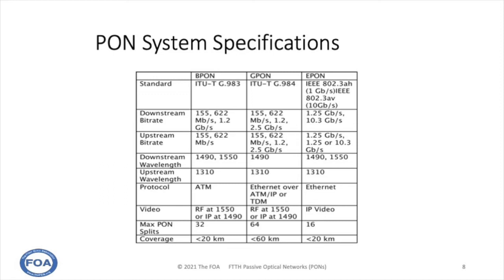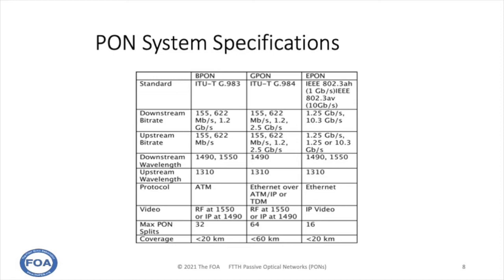The original PON System Specifications, which I apologize for being so small and hard to read here, you can get off the web pages on the FOA online guide. The original PON systems were for a gigabit network and use wavelength division multiplexing, 1490 nanometers downstream and 1310 nanometers upstream, to split for 32 or 64 users typically.